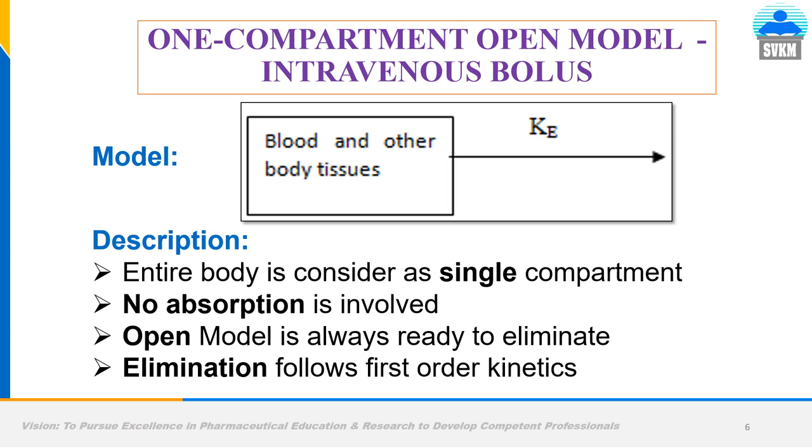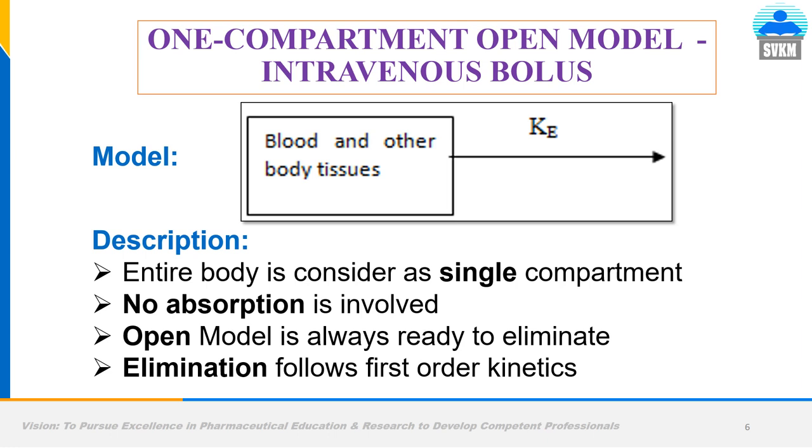And this open arrow indicates the drug is ready to move to the next step, up to elimination. So Ke indicates the rate of elimination, and elimination always follows first order kinetics, while absorption may follow zero order or first order, depending on the type of dosage form.